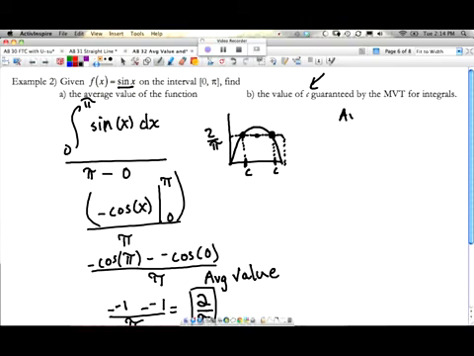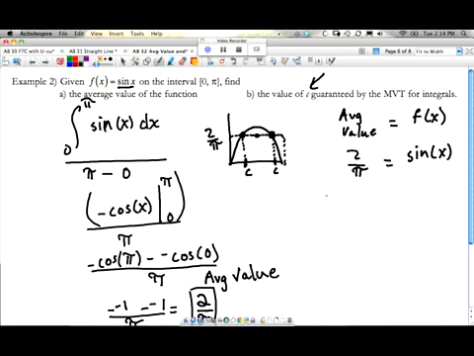Well, let's see what we got. We need to set our average value equal to our function and then solve, when our average value is 2 over pi and our function equals sine of x. Now this is where it gets a little bit crazy, because there's no easy algebraic way to do this.